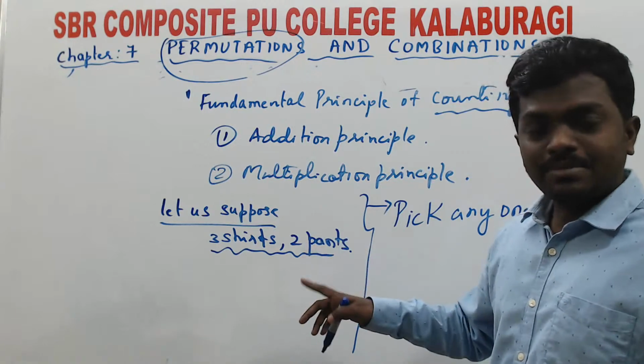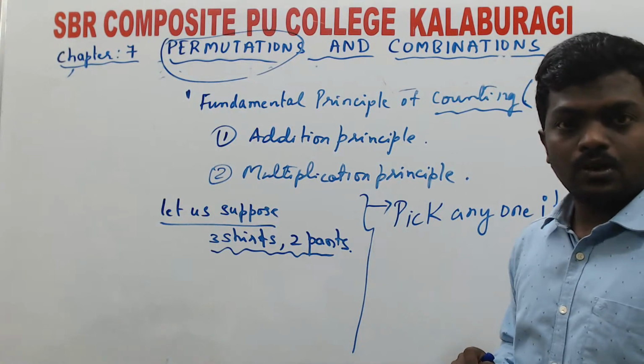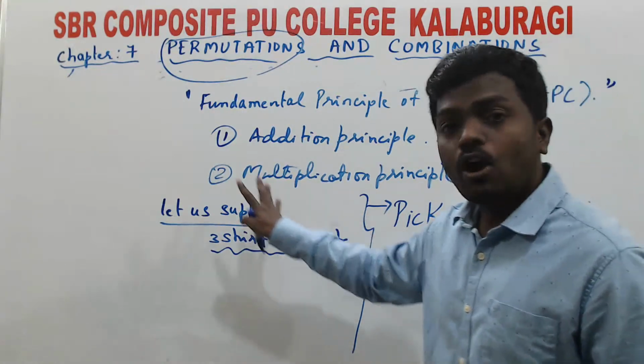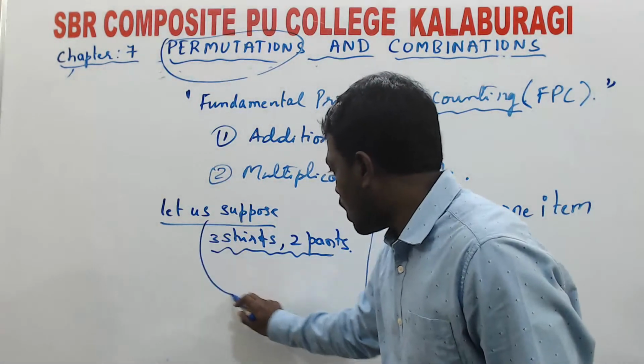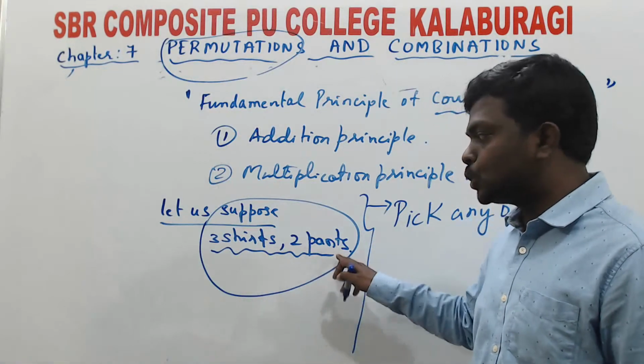Okay, so the question I am assigning here is: pick any one item. How many objects, how many things do we have here? Three shirts and two pants.